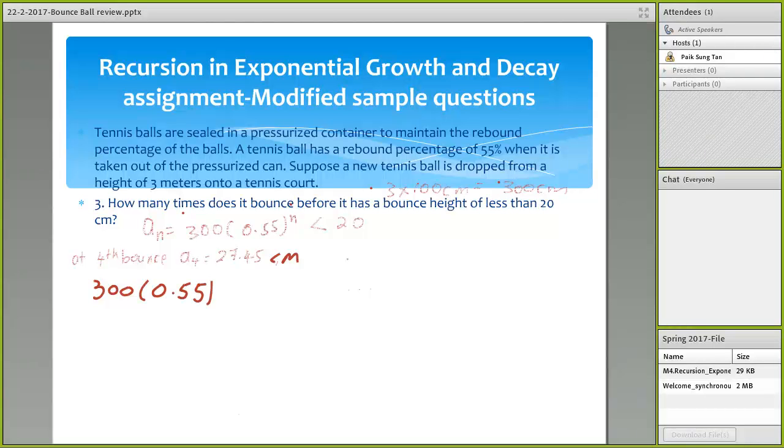I'm just going to test the fifth bounce. I'm just going to plug in to see what the bounce height is at the fifth bounce. If I haven't cleared my calculator, all I got to do is multiply by another 0.55.